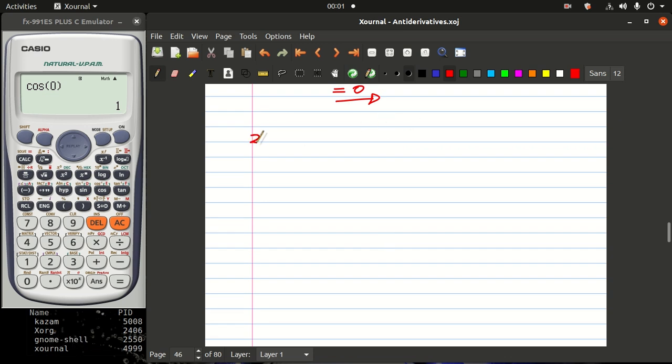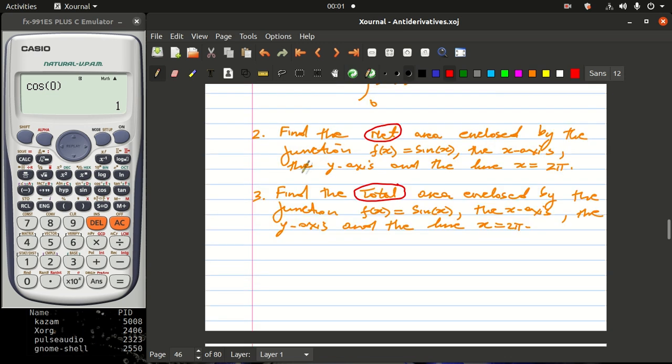The second question here is saying to us find the net area enclosed by the function f of x is equal to sine of x, plus the x-axis and then the y-axis. You know that the y-axis is telling us that x is equal to 0 there, and then the line x is equal to 2 pi. So if you look into this, these are the x values, this one and that one.